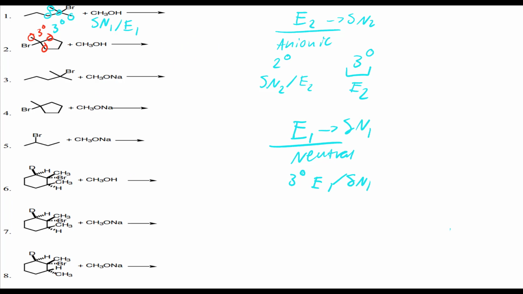Over here, well, there's a metal and there's an oxygen, so it's going to be anionic, it's going to be negative, so it's not going to be SN1 or E1. It's either SN2 or E2, sorry. So either SN2 or E2. Now we count our carbons. We have 1, 2, and 3, so it's going to be tertiary. And so remember that SN2 says, well, I can't work with tertiary carbons because that's too much steric strain.